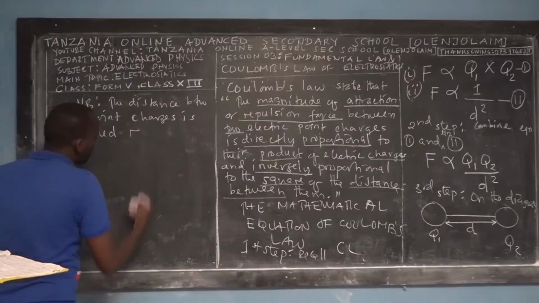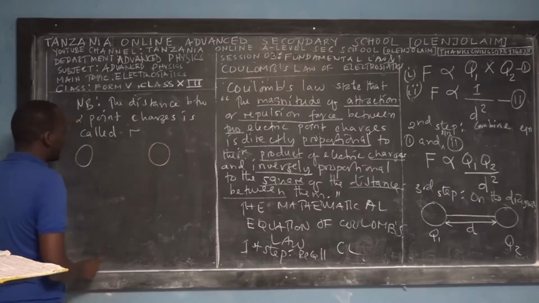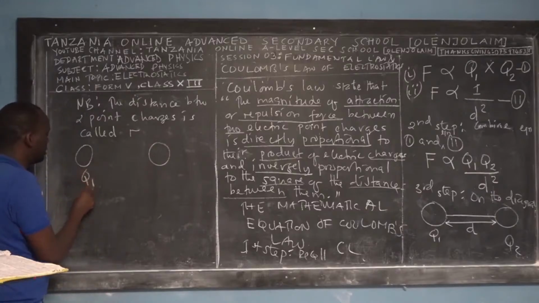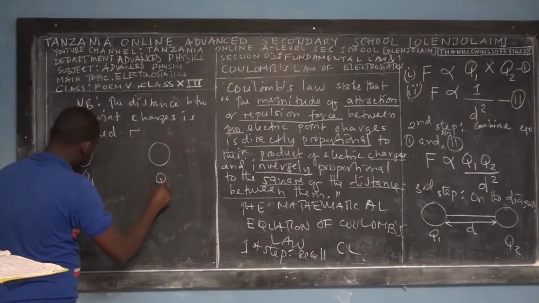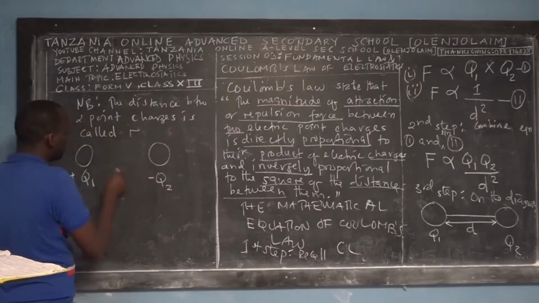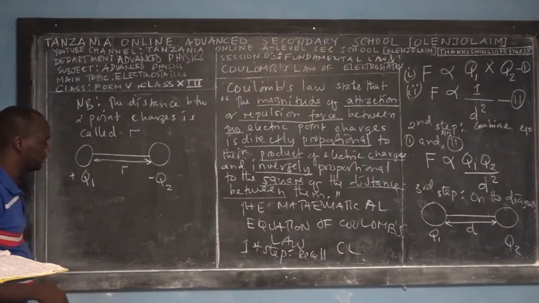So we call it R. For example, suppose this is a positive charge, Q1, and this is a negative charge, Q2, and the distance between them we call R. This is the standard letter, okay?